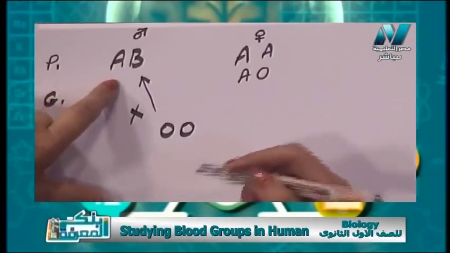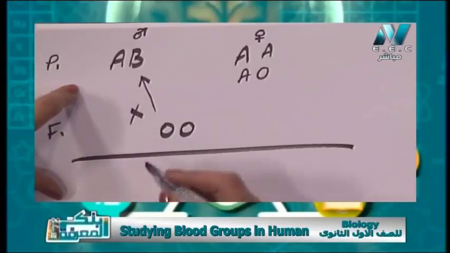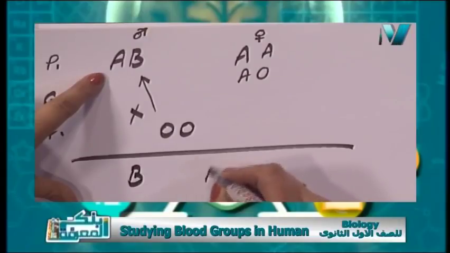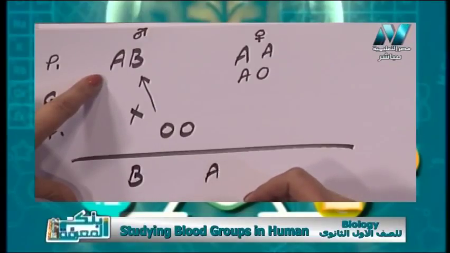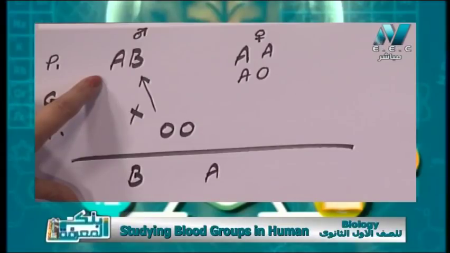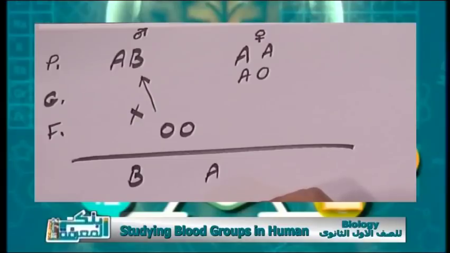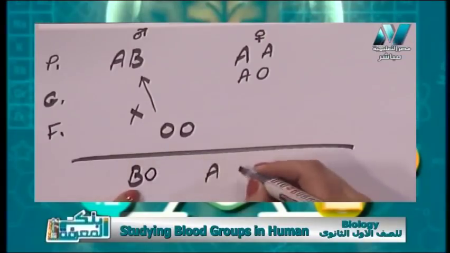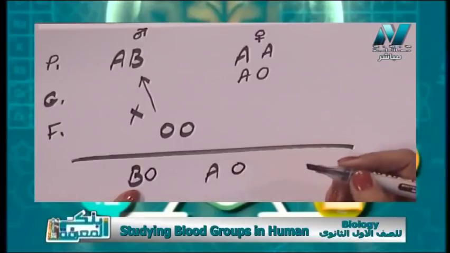But in another case, if the man is B, for example, and the mother is A, and the son is O, so O has no other chance. It must be OO. And B could be BO, and A could be AO.